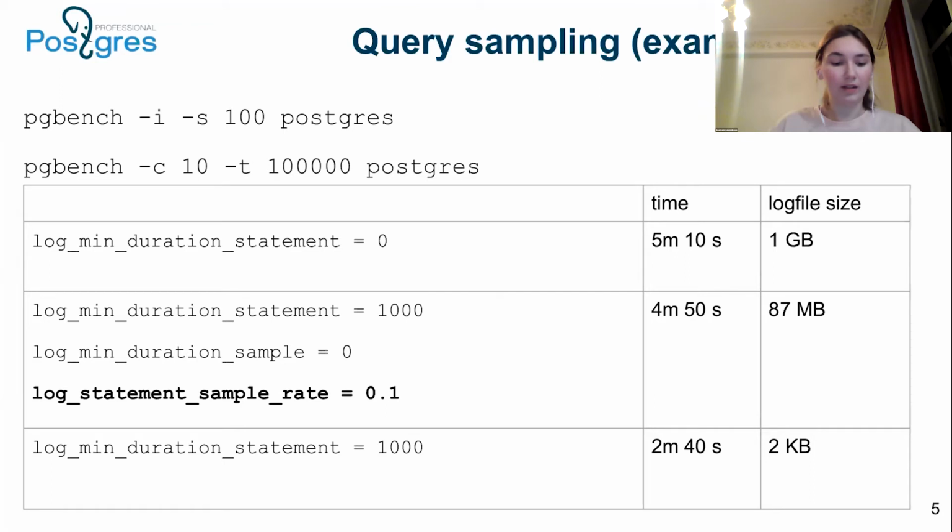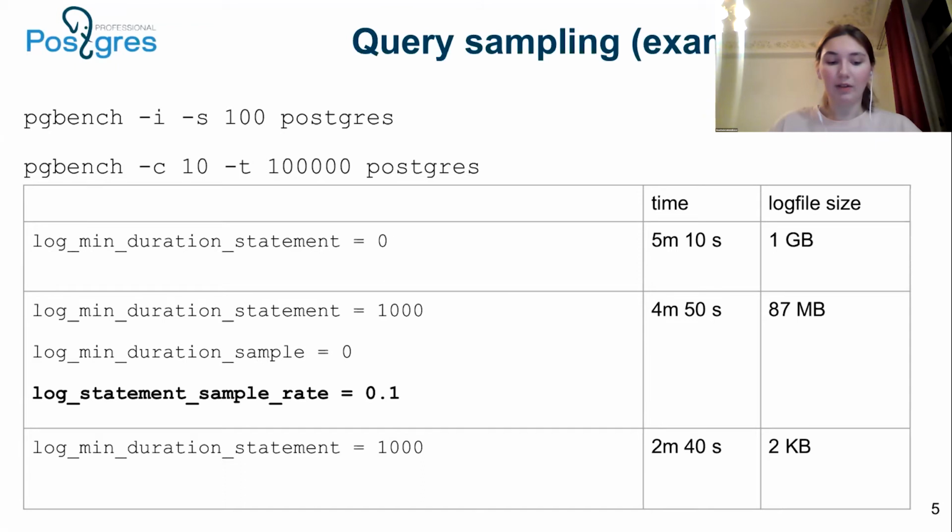You can see the settings on the slide. We log all queries that are longer than a second and only 10% of all other queries. And the last row shows the same workload with only long queries logged.